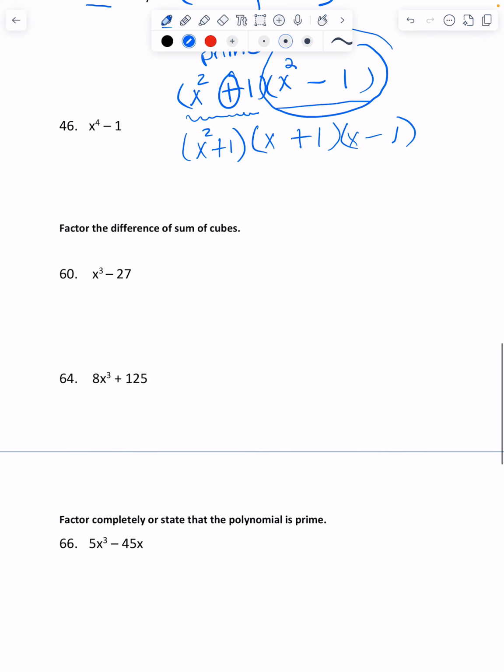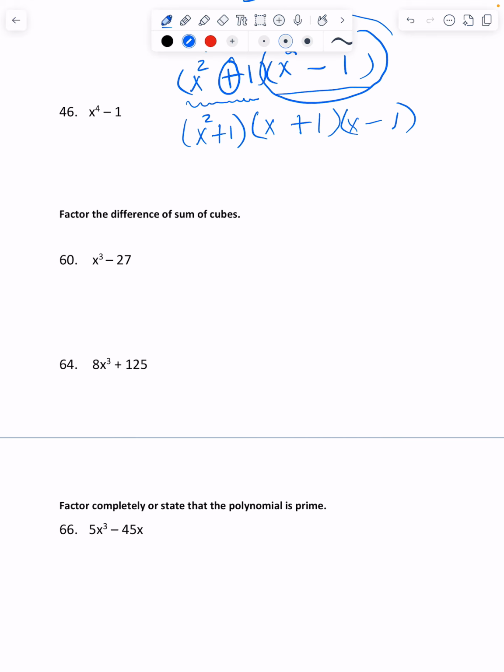Yes, I guess I am a nerd because I like the sum and difference of cubes problems. Now remember, sums and differences of cubes can be factored, unlike squares, where the sum of squares is prime. I can factor the sum and difference of cubes. You can see that x to the 3rd is a cube and 27 is a cube.